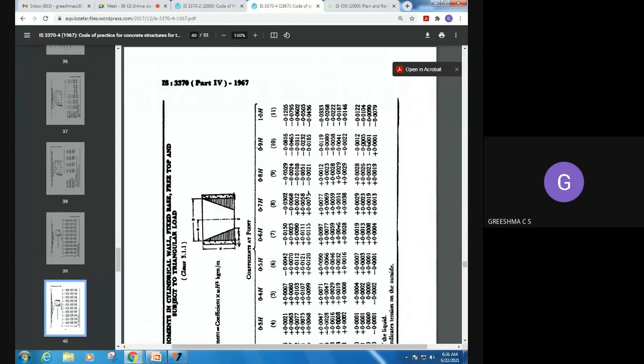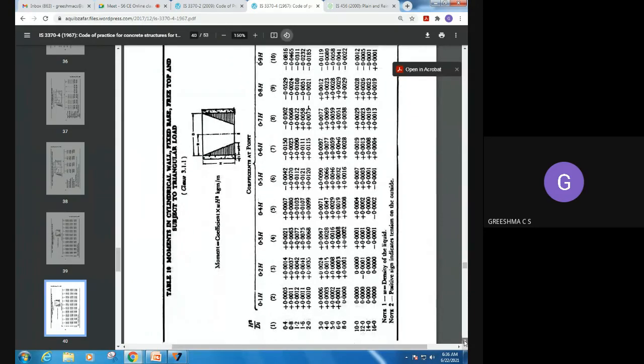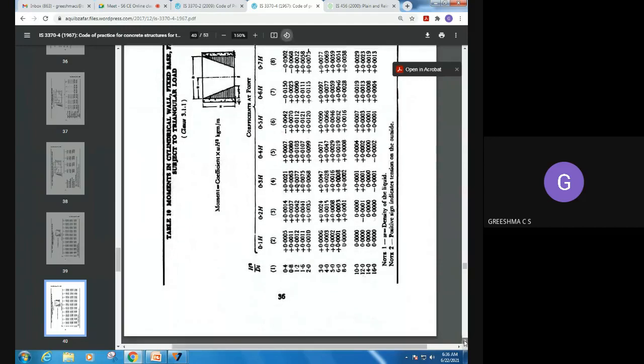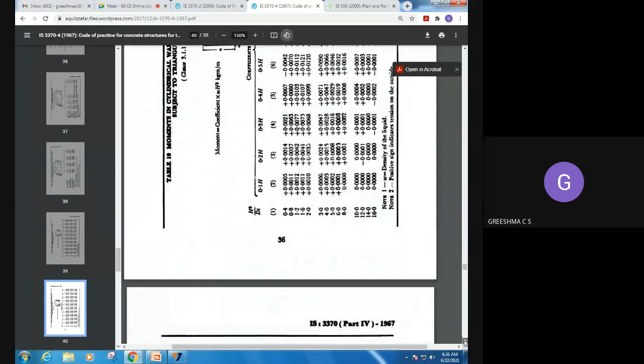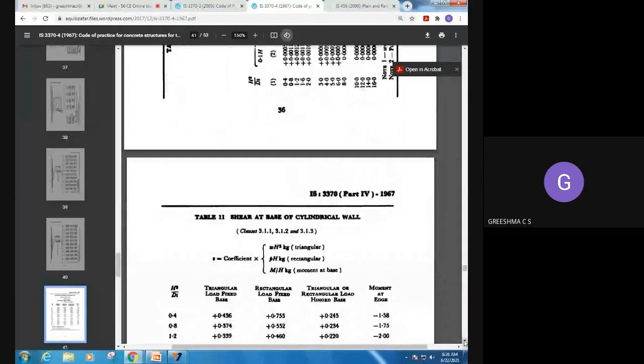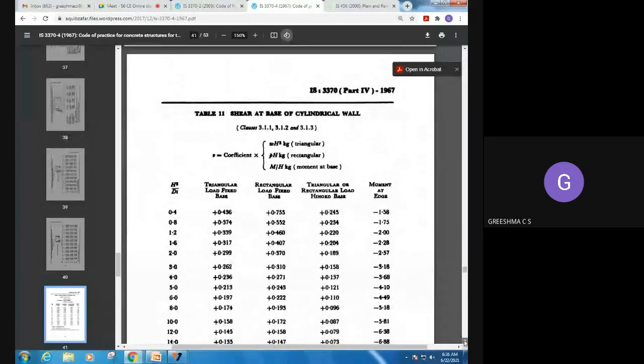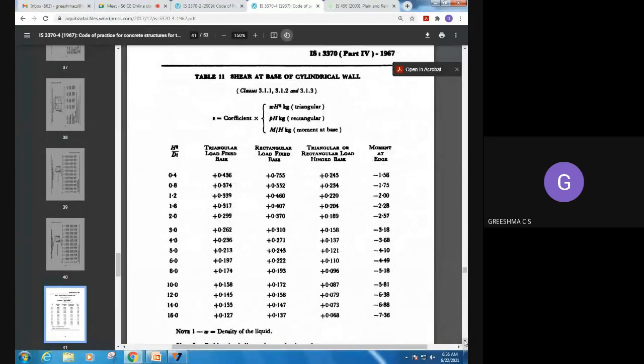Okay, next you have to take the maximum shear force coefficient from IS code table 11. Here also they have given the values of h square by dt, which is 16.